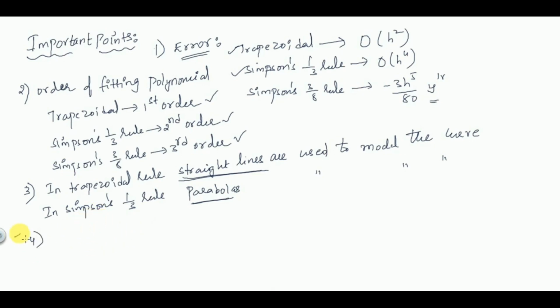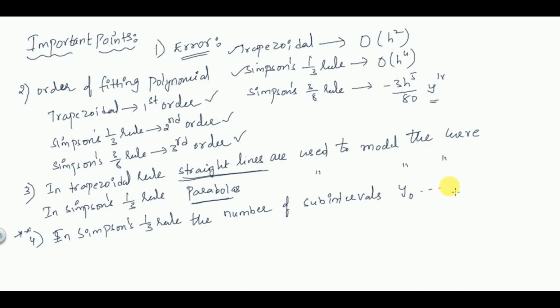Next, fourth very important point here is in Simpson's 1/3 rule, the number of subintervals, that is the range of values from y0 to yn, that is how many values you are going to take here.